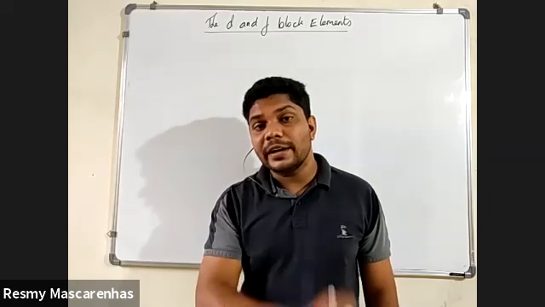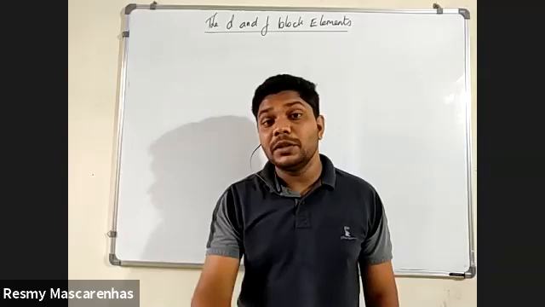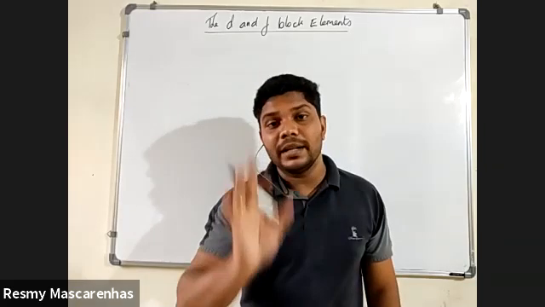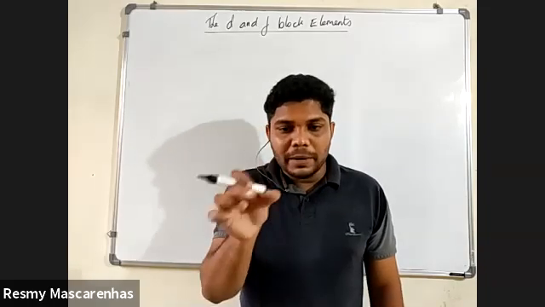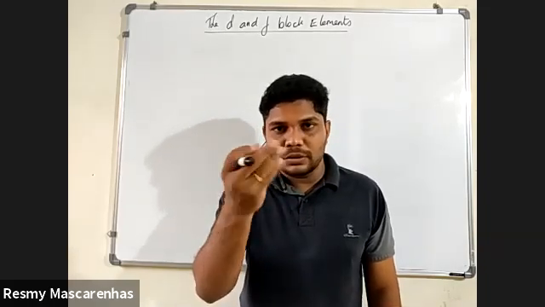Now, from where are you getting this strong attraction force? It's because of the unpaired d electrons. Whenever unpaired electrons are there, what happens? If I'm talking about zinc, sorry, not zinc, zinc actually doesn't have unpaired electrons.